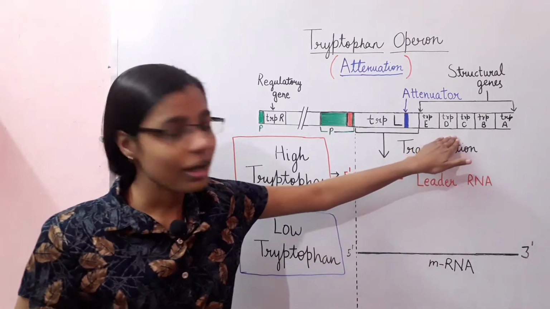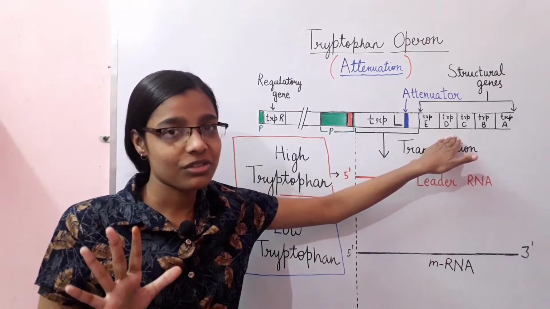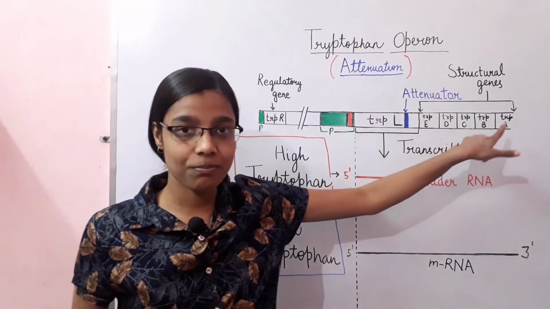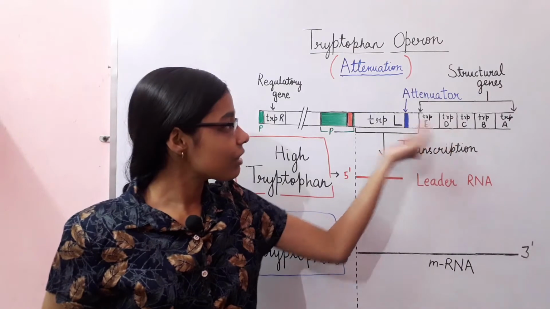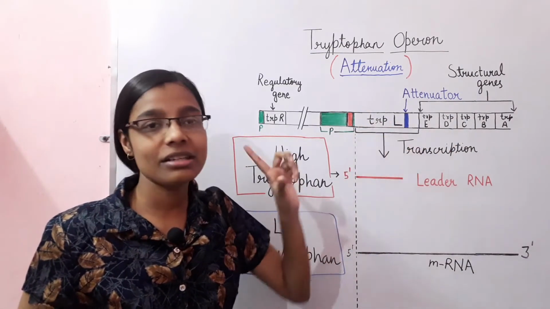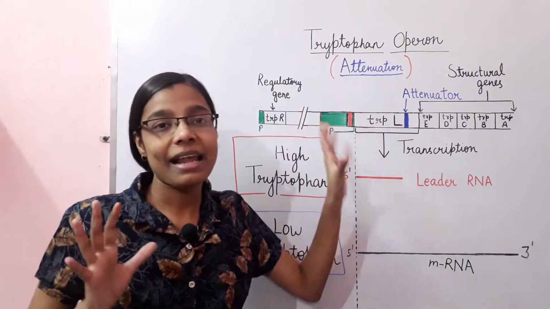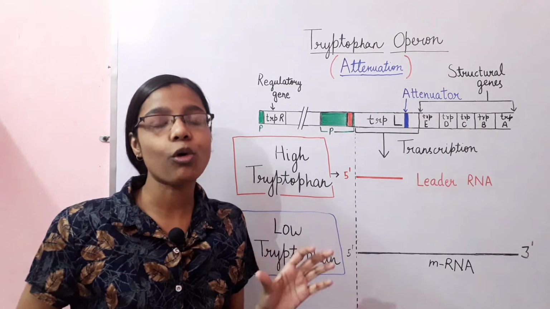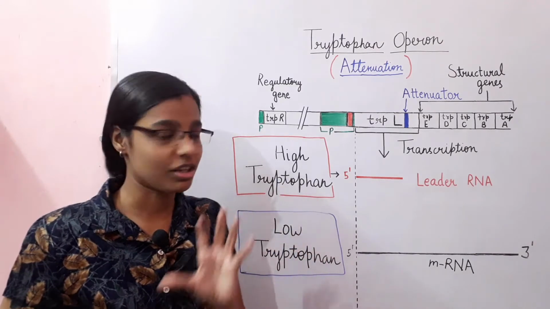The tryptophan operon basically consists of 5 structural genes, which are TRPE, TRPD, TRPC, TRPB and TRPA. Moving further, it consists of a TRPL region along with an attenuator site. This TRPL region along with the attenuator site is very important for the process of attenuation.